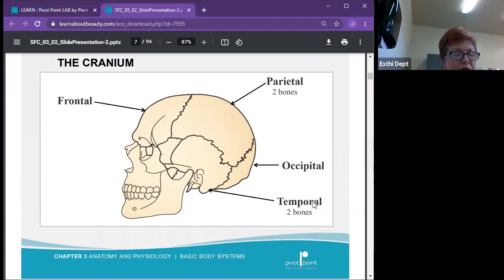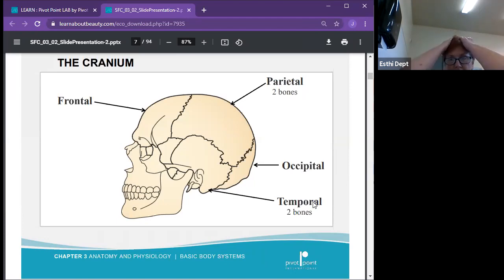It's also kind of like a weight thing. And then you have temporal. These are the 2 bones that are on the side of the head, but they're below the parietal. They're the piece that's right underneath the parietal. It's got an arrow going to the bottom of it.